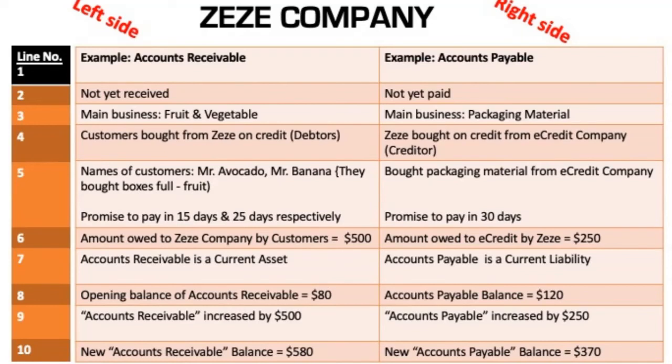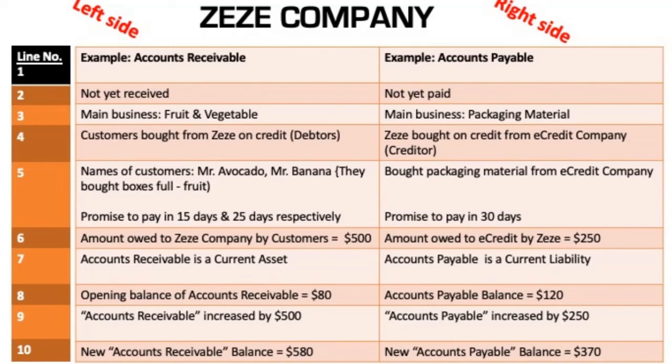So, in summary, accounts receivable: you are expecting to receive money from customers. They owe you. Customers owe Zeze company, and the promise is within a particular period of time. Accounts payable: Zeze company is expected to pay within a period of time, which is 30 days now.